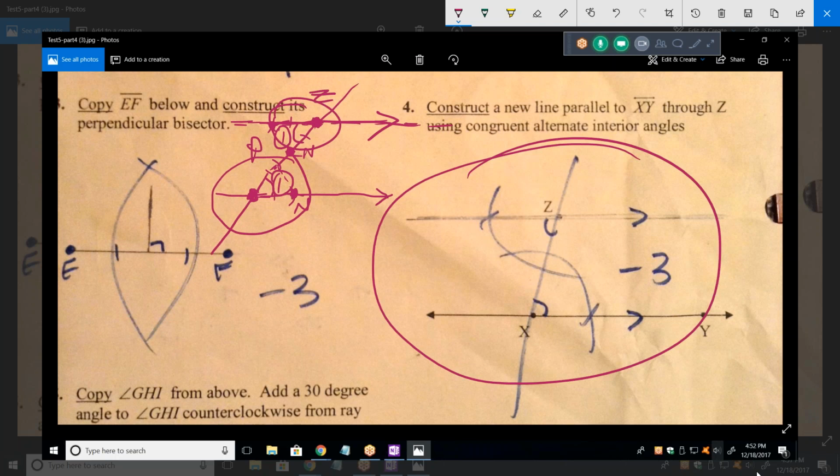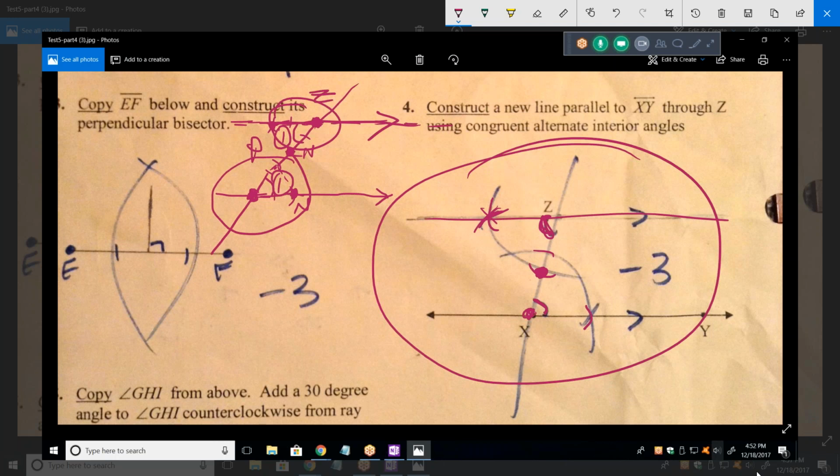It wasn't clear to me when I first looked at it, but he wants you to take that angle and duplicate it right there. So you put the needle there, you make an arc there, you make an arc there, same arc, make up here and there, and then you go to one of these points and you use the distance to make the second arc up there, and that gives you your intersection point, which you can connect with Z.